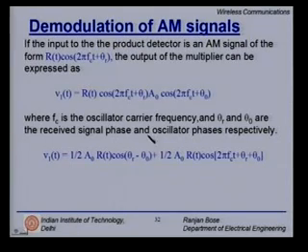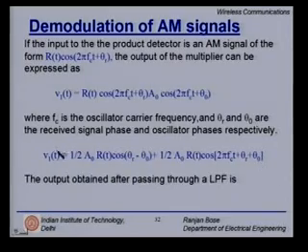If you do a basic trigonometric simplification, you get v1(t) as half A0 r(t) cos(theta r minus theta 0) plus half A0 r(t) cos(2 pi fc t plus theta r plus theta 0).